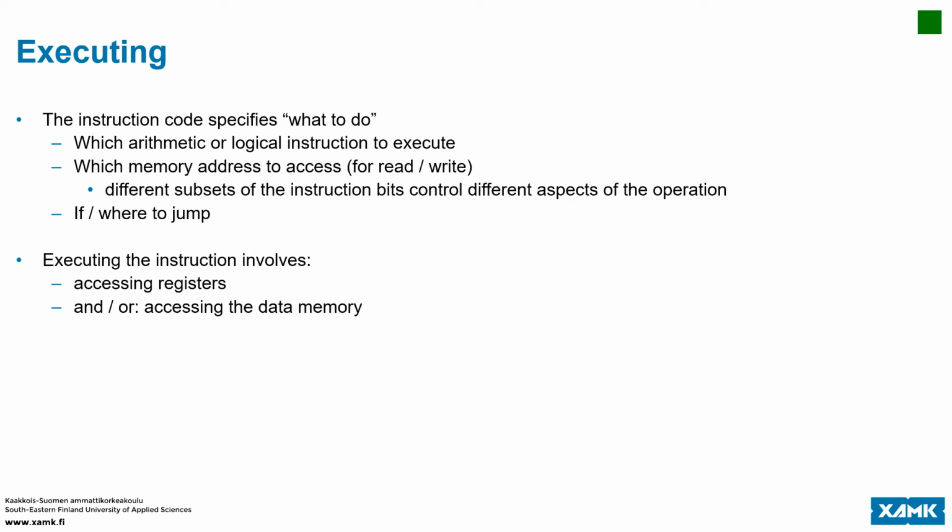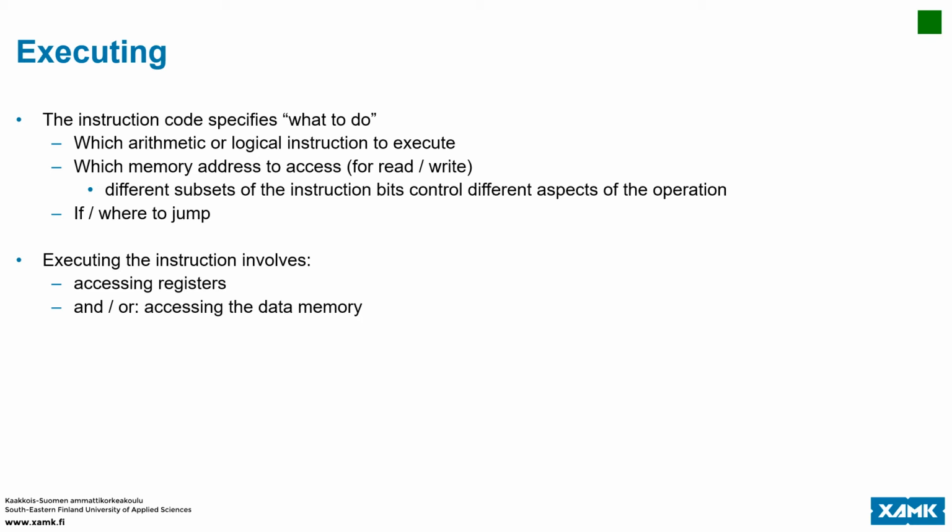So for example, different subsets of the instruction bits control different aspects of the operation. Consequently, we need to figure out what to do after processing this one instruction. So there are instructions in machine code called conditional jumps.